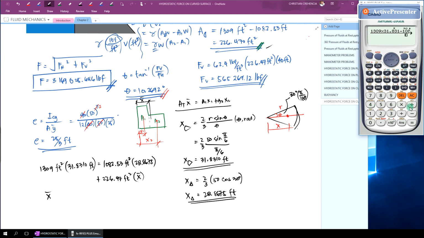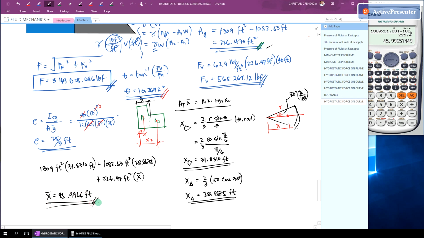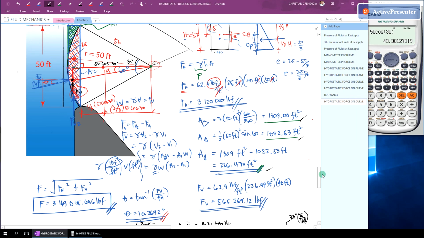So all over 226.47, and we have 45.9969966 feet. That is more than 50 cosine 30, as expected.